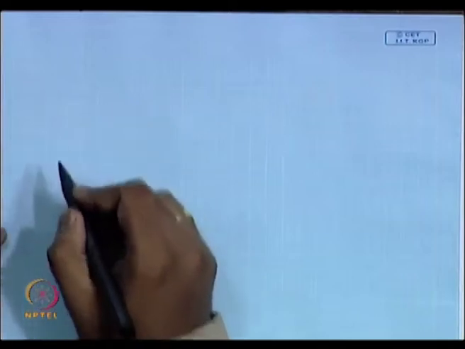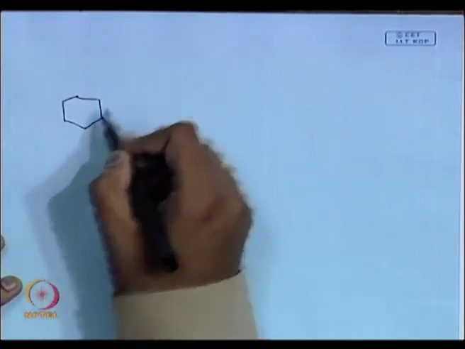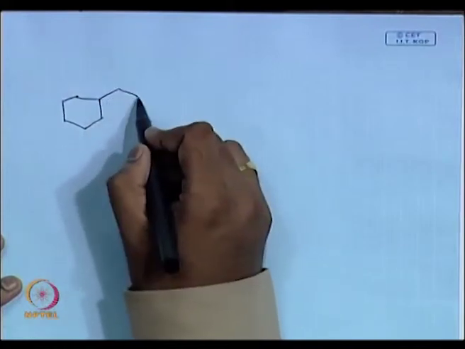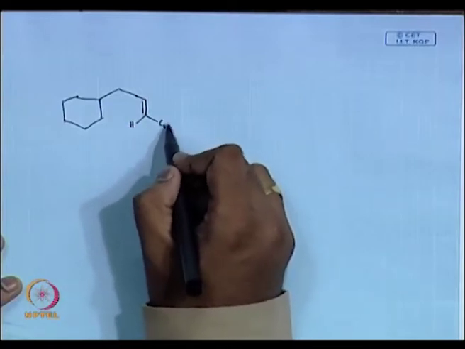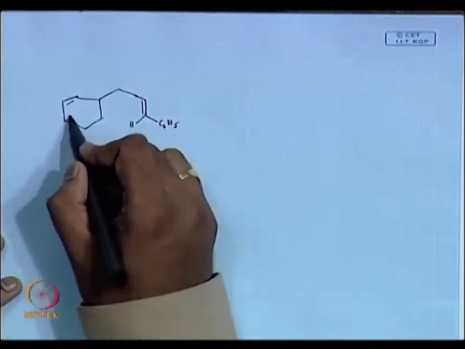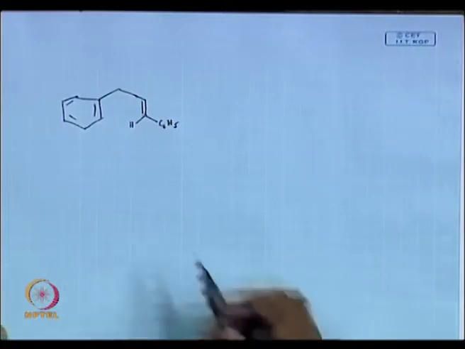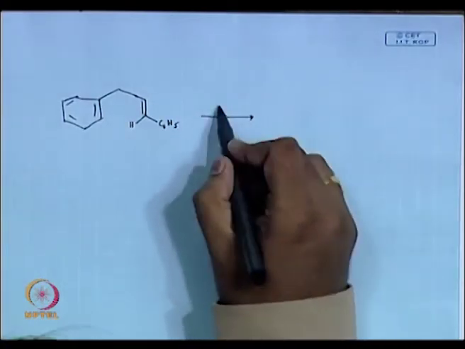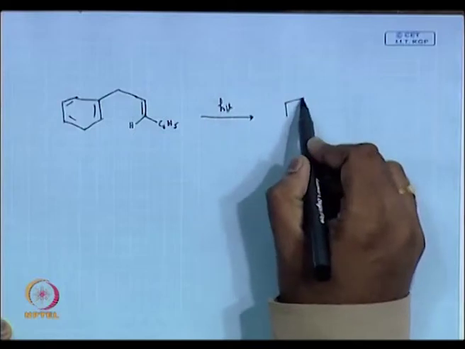Okay, now I will give this example. We will check how you can think about it. So, on photolysis, you are going to excite only your alkene.